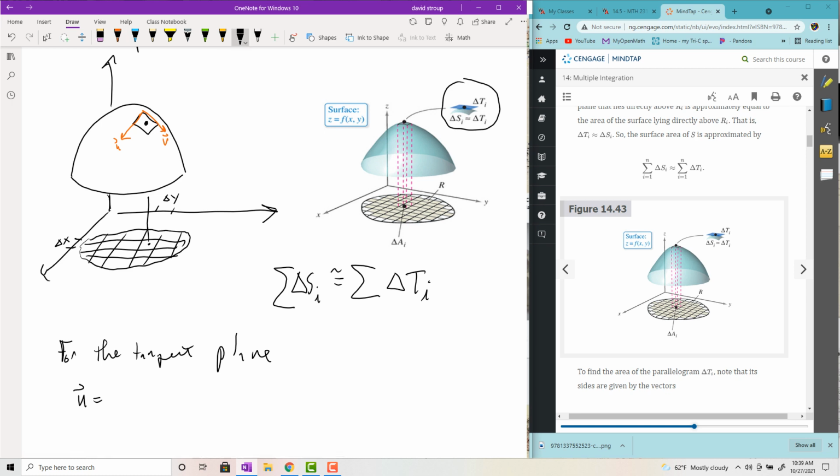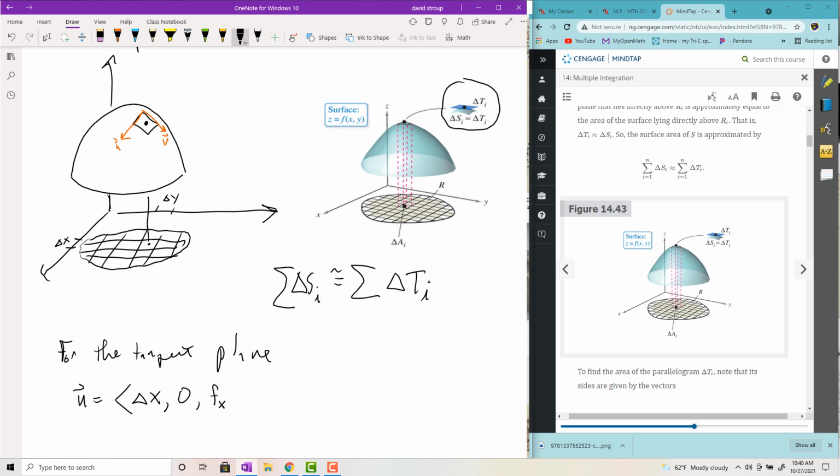So I'll have a change in the x direction for the first component. So it would be some change in x, and then 0 in the y direction, and then there is a rise or a fall in the z direction, right? And the rise or fall is based off of the derivative in the direction of x, in other words, the partial derivative with respect to x.